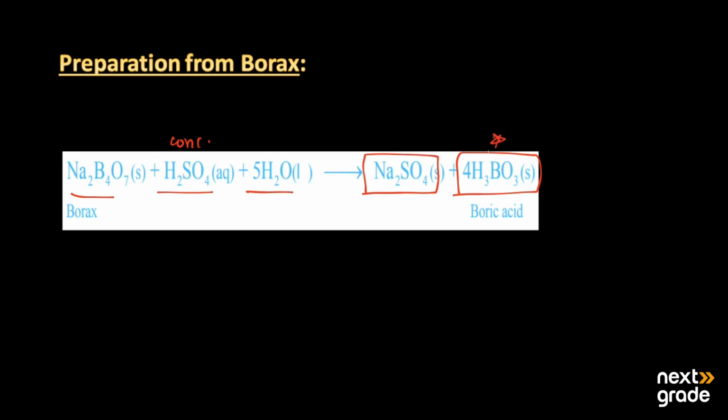So this is the second method for the production of boric acid from borax. It means we gain one product from the other. Borax is also a compound of boron. We can convert it into another compound, boric acid, by a specific method. So this is the simple preparation from borax.